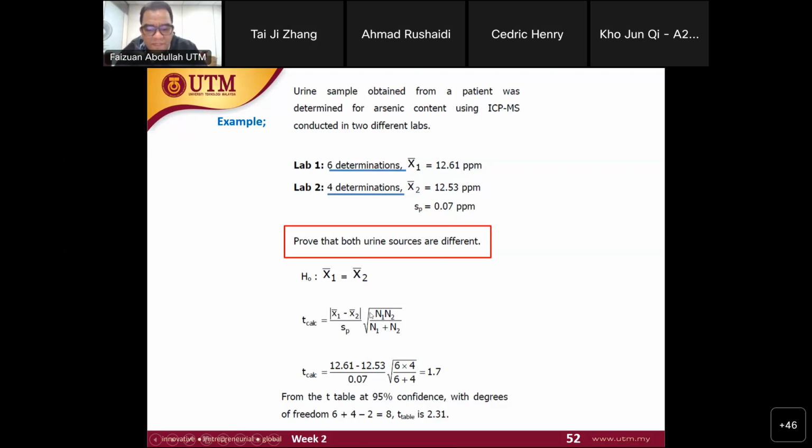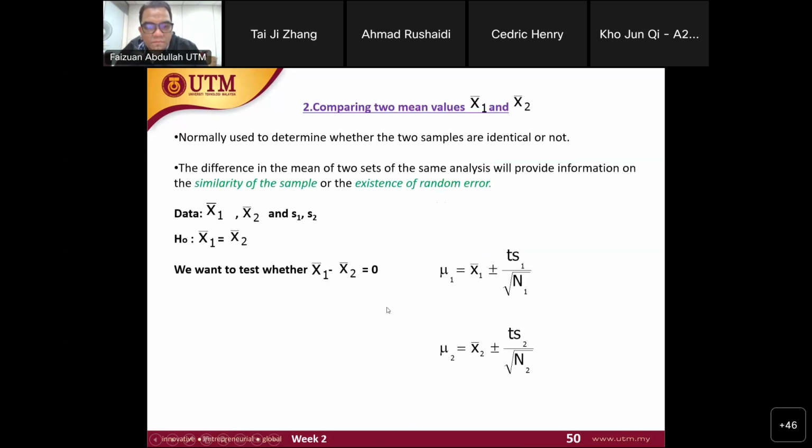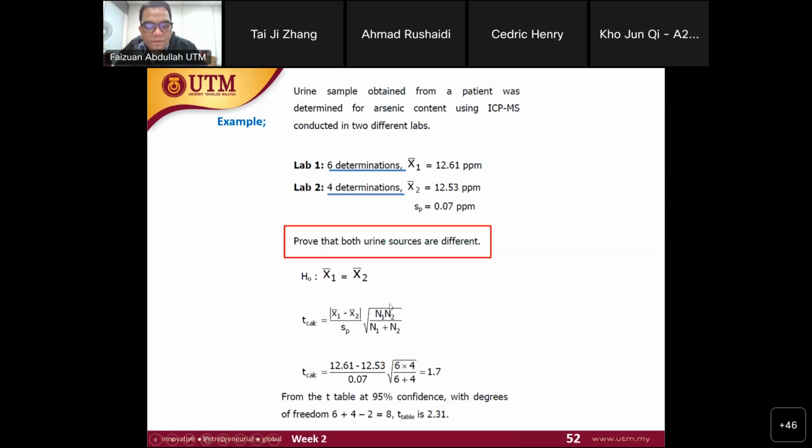And from the T table, at 95% confidence, with the degrees of freedom 6 plus 4 minus 2 equal to 8. Why 6 plus 4 minus 2? Remember, we need to deduct 2 because we have 2 sets of data.